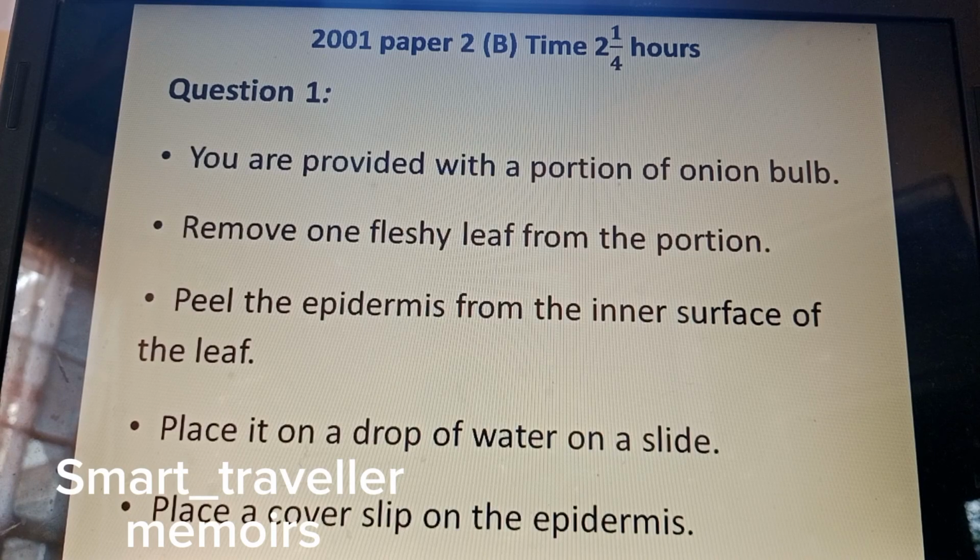you are provided with a portion of onion bulb. Remove one fresh leaf from the portion. Peel the epidermis from the inner surface of the leaf. Place it on a drop of water on a slide. Place a cover slip on the epidermis.